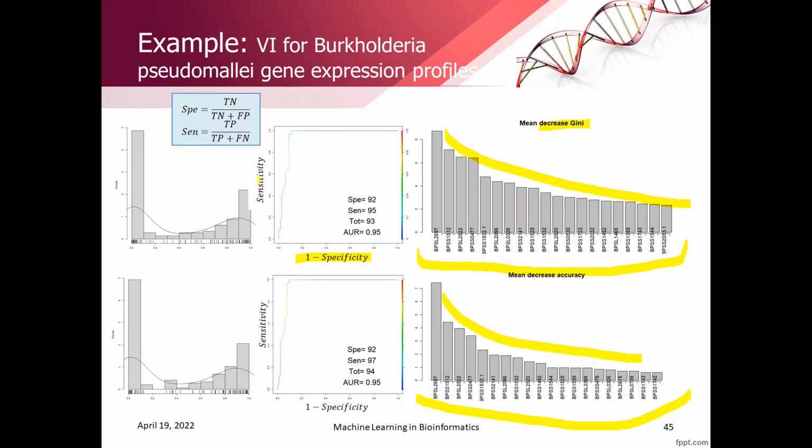For the sensitivity, this is the true positive rate, on the vertical axis: true positives divided by true positives plus false negatives. So true positive rate means the percentage of correctly identified positive samples out of all samples which are actually positive.